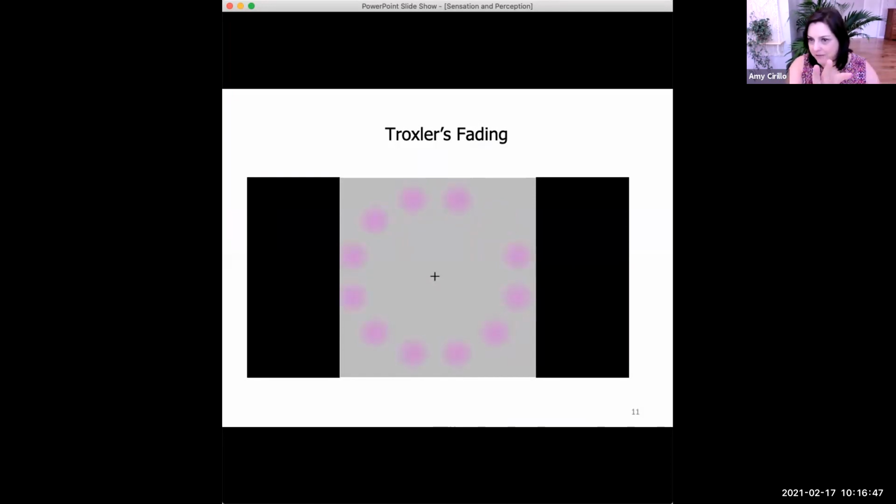The other kind of illusion that happens is, stare at the plus sign right in the middle for a little while. And a couple things happen. Can someone tell me what happens when you stare at the plus sign in the middle of the ring? At least in my case, the circle that just goes around has color now.